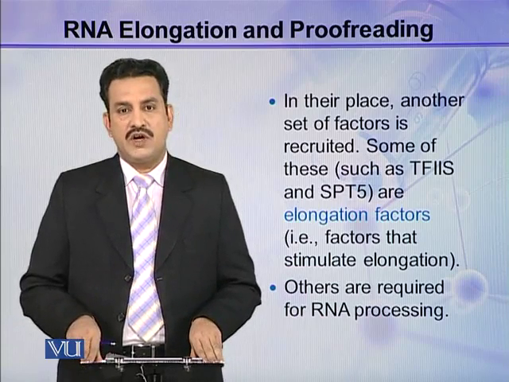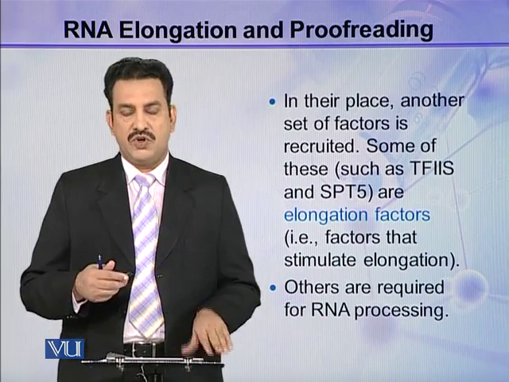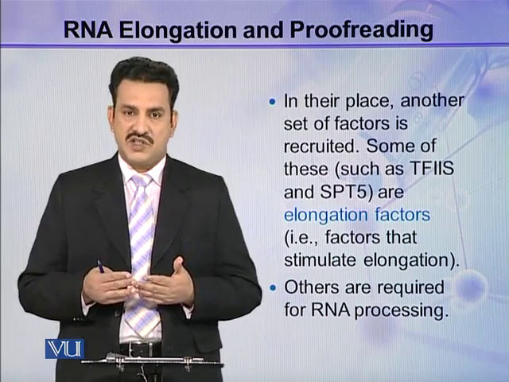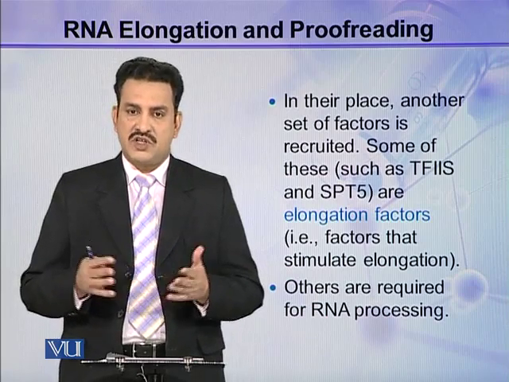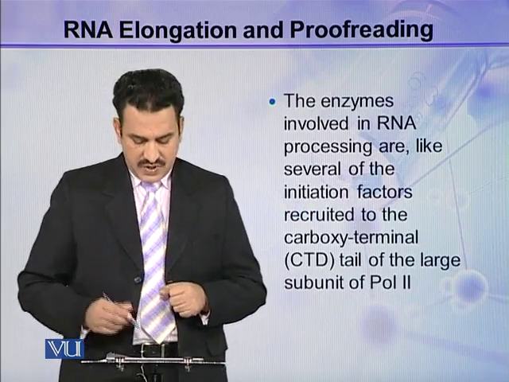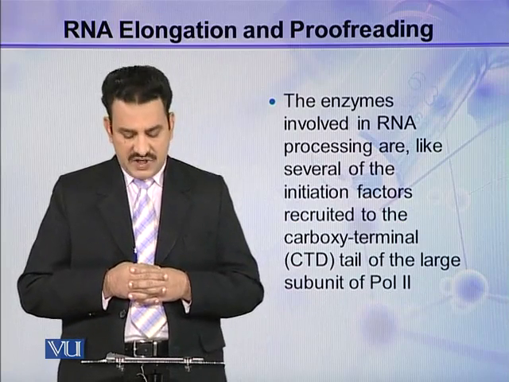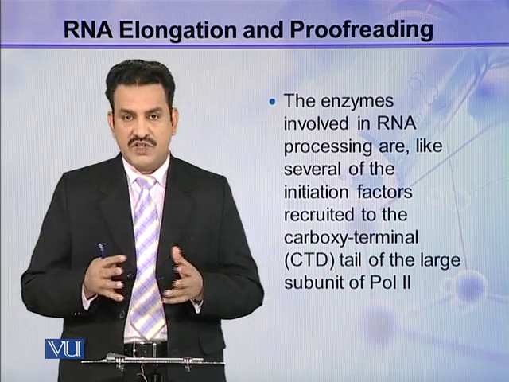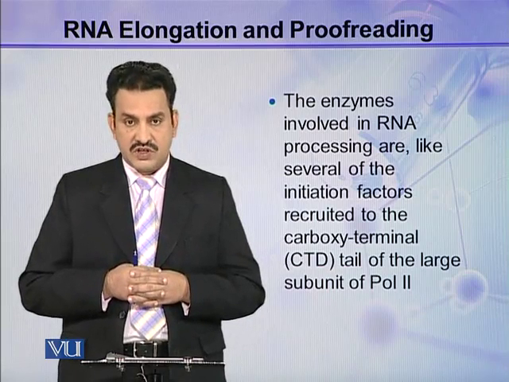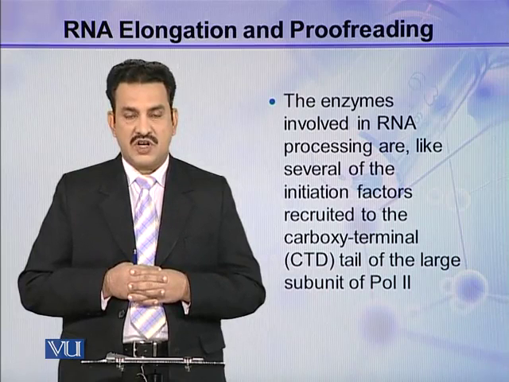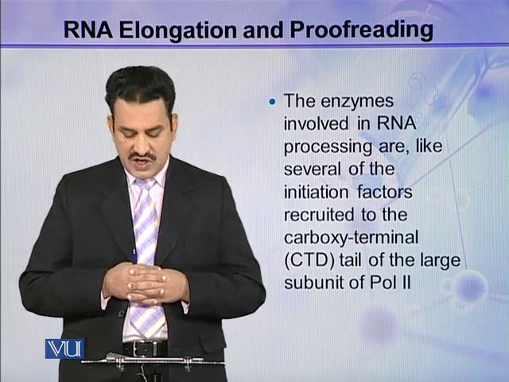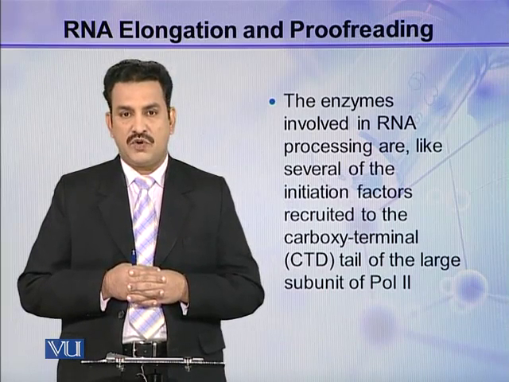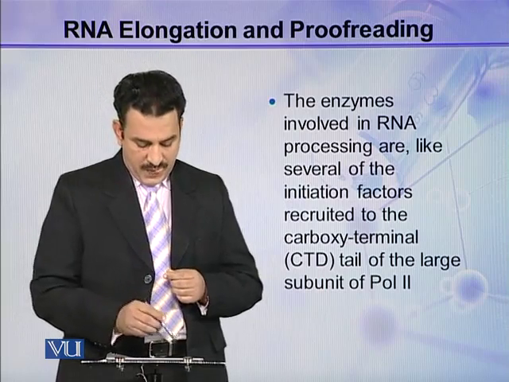Others are required for RNA processing, because as the RNA is synthesized, it is being processed side by side. The enzymes involved in RNA processing, like several of the initiation factors, are recruited to the carboxy terminal tail, the CTD tail, of the large subunit of polymerase II.